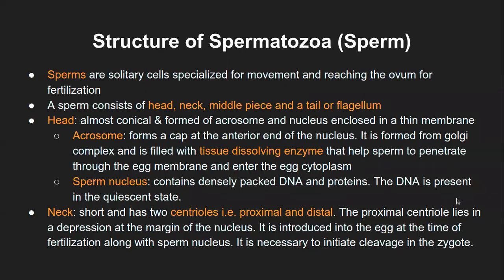That one is the proximal centriole. It is introduced into the egg at the time of fertilization along with the sperm nucleus. So this proximal centriole will go along with the nucleus of the sperm when it goes inside the ova of the female, and it is necessary to initiate the cleavage in the zygote.